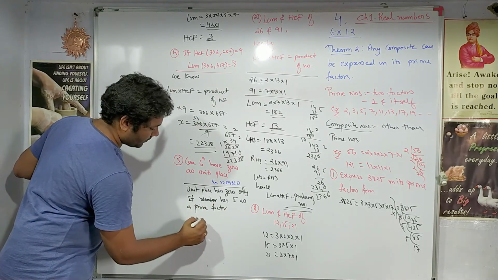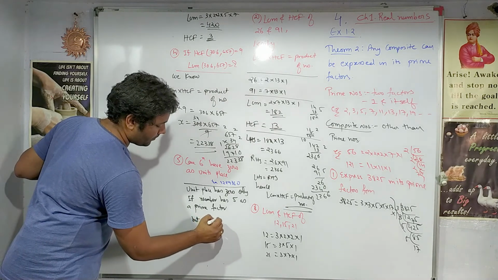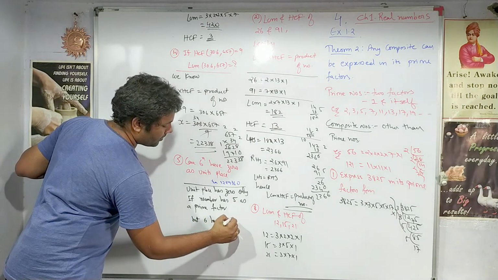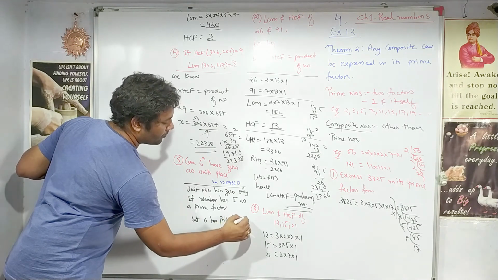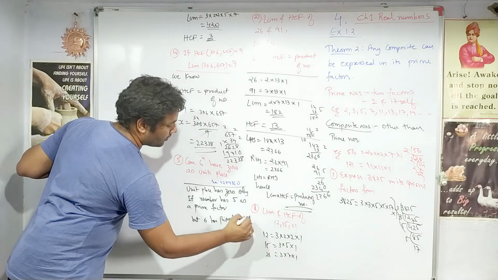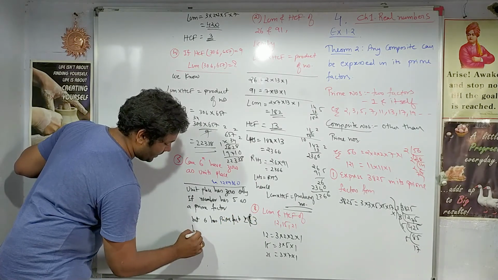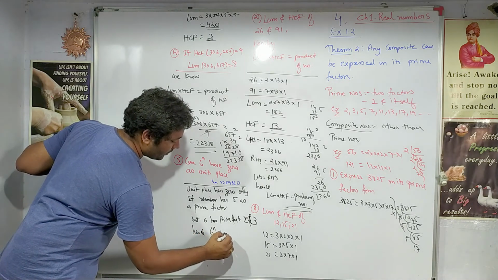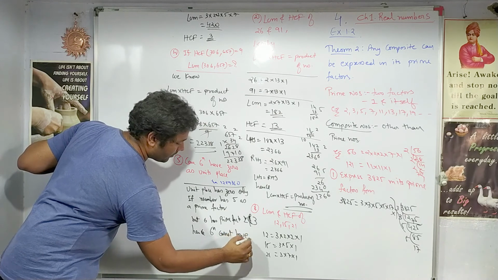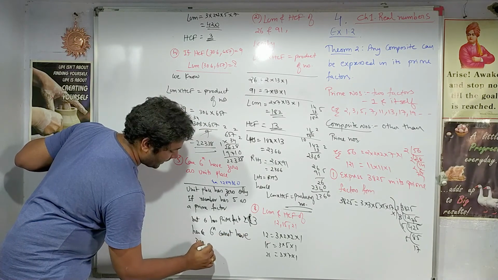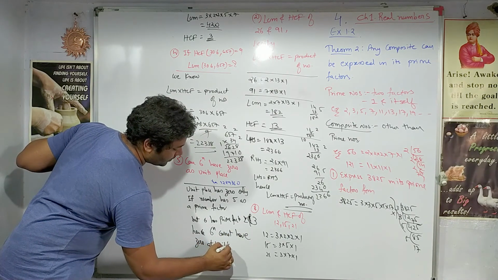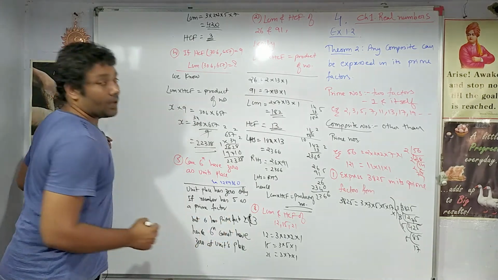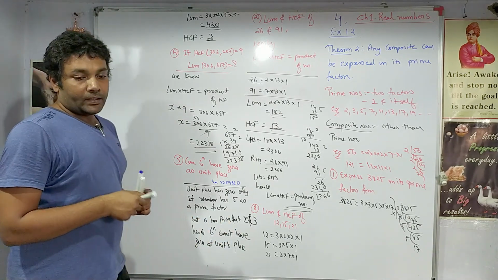But 6 has prime factors 2 and 3, hence 6 to the power n cannot have 0 at the units place. That is what the answer is.